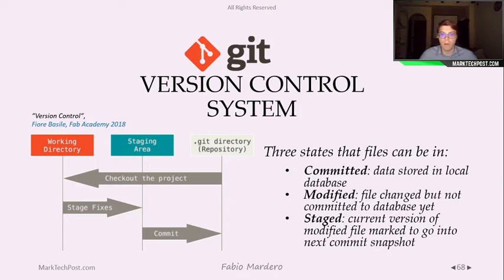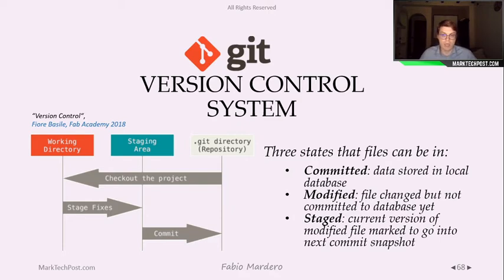In the modified state, instead, the file has been changed but has not been committed to the database yet. Finally, the committed state means that the data has been stored in a local database, so we have committed it into a repository, and we have taken a snapshot of that file.